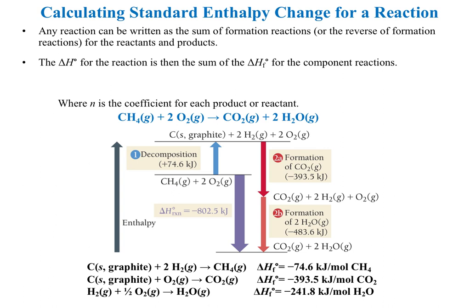We can use our enthalpies of formation to figure out what the enthalpy of a reaction could be. So what we basically want to do is take the enthalpy of formation for our products and reactants and subtract the two.